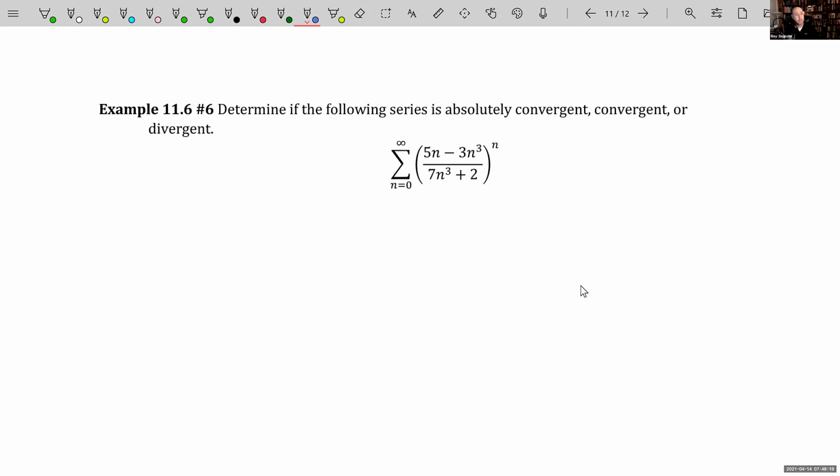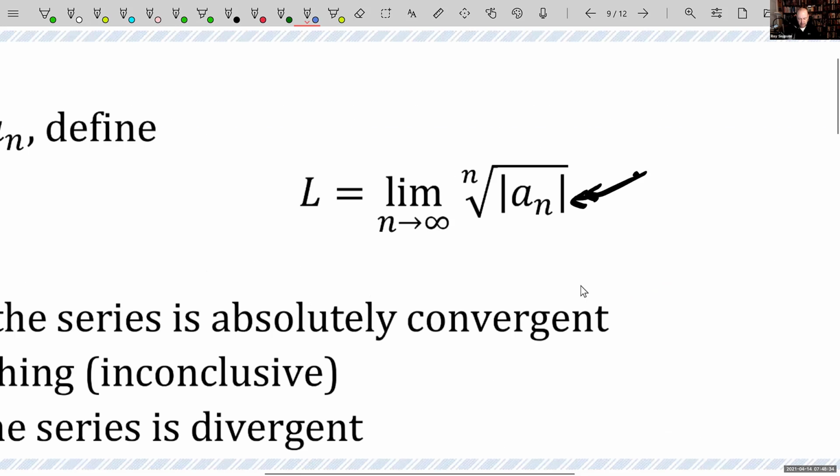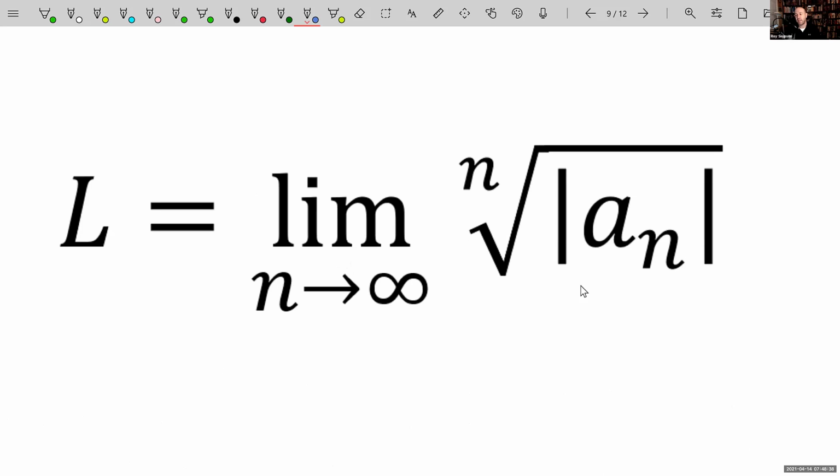The root test is the same as the ratio test as far as conditions go. There's technically zero condition to use the root test, but remember, when you're using the root test, you're taking the limit as n goes to infinity of the nth root of the absolute value of the sequence terms within your series.